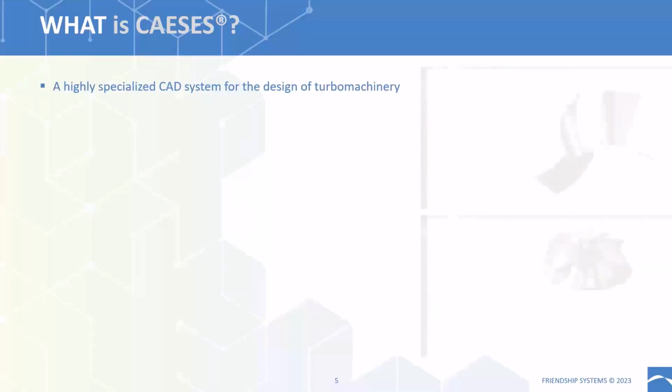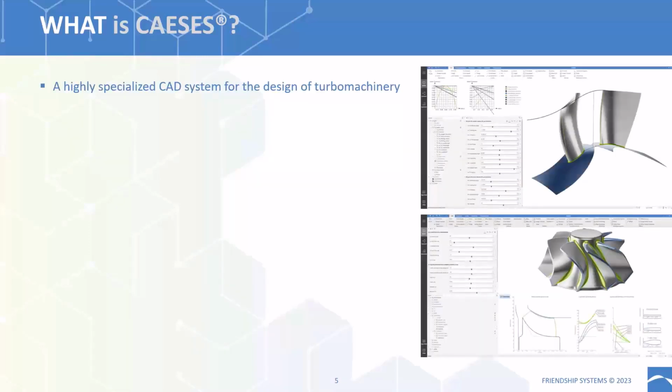All right, just allow me to give a brief introduction about CAESES. I know a few of you joining us today are already well aware of what CAESES is, but there's also a few newcomers who might not have a full picture, so I would like to give a very brief introduction. First and foremost, CAESES is a highly specialized CAD system for the design and modeling of turbomachinery, among other applications.